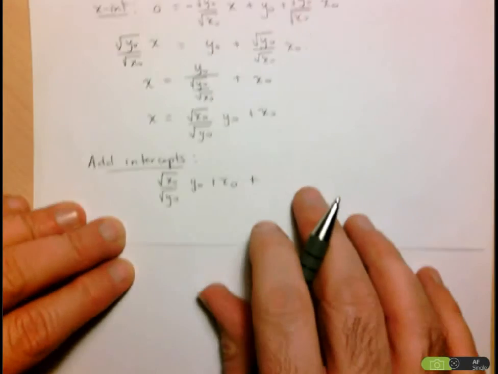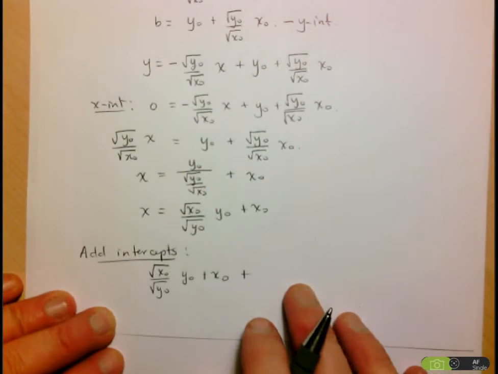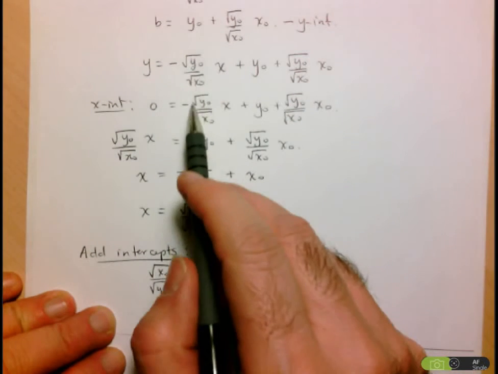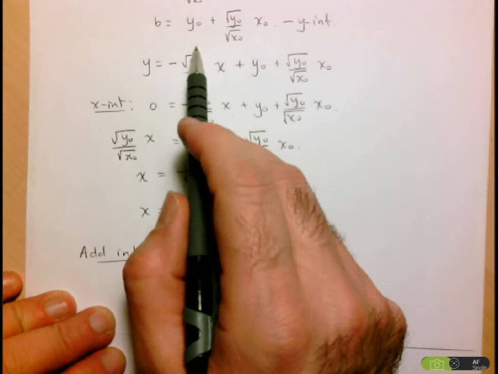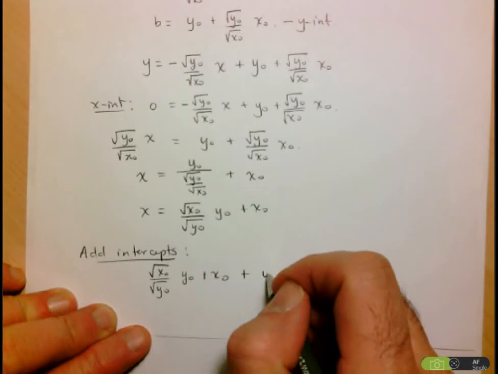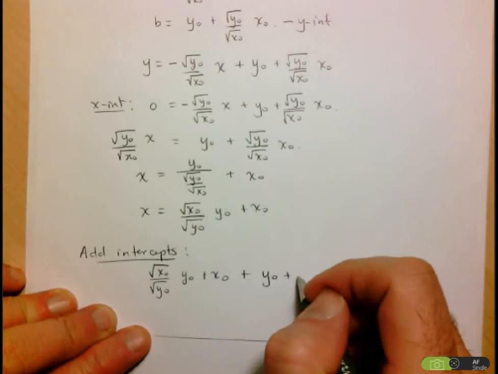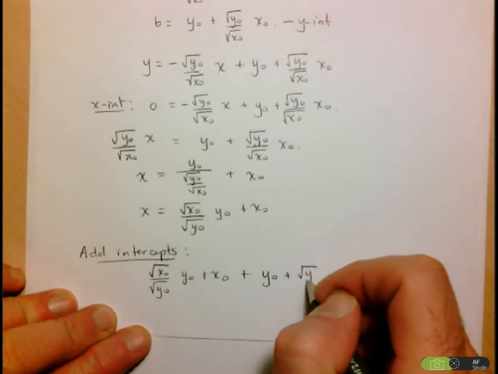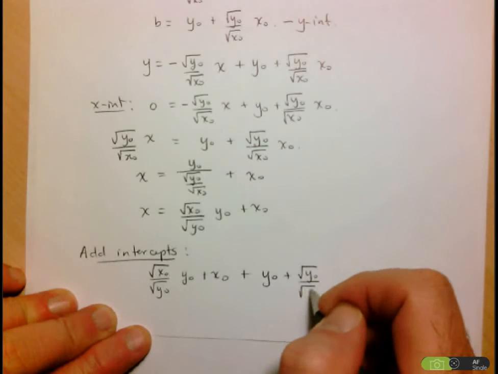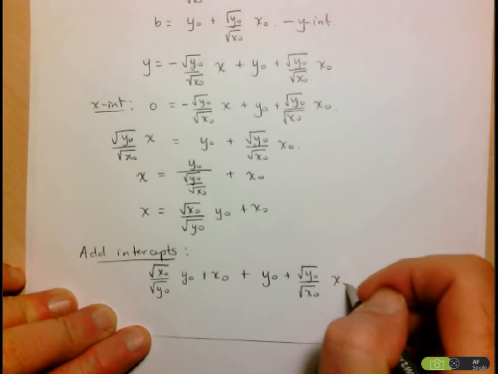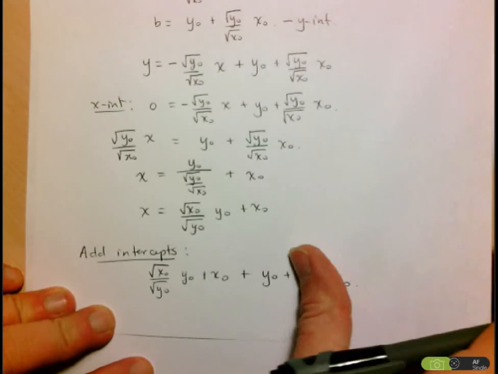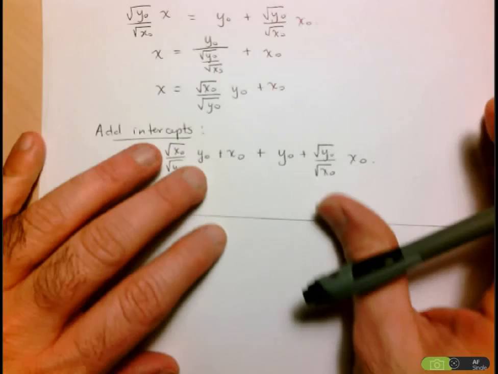Okay, plus now the y-intercept. Let's recall the y-intercept is given, where is it? Up here. So plus y naught plus square root of y naught over x naught, okay, times x naught. Okay, and let's start simplifying here.